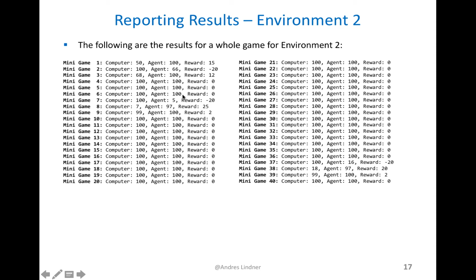Then here we see a kind of interesting behavior. Again, from 68, it chooses 100, which is a pretty decent reaction. It's not the best thing it could do, but it's still good. And then a kind of loop from 100 to 100, so it gets reward 0, and after a couple of times of doing that, the agent chooses 5, a very low number, which is pretty good, and then a very high number after that. And then a lot of times the agent chooses to play 0.